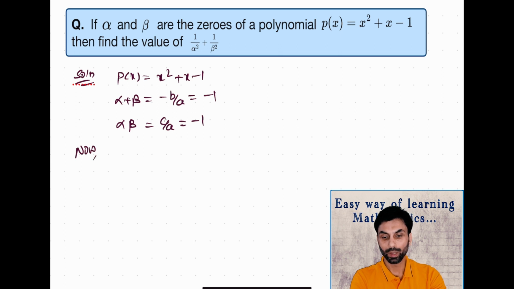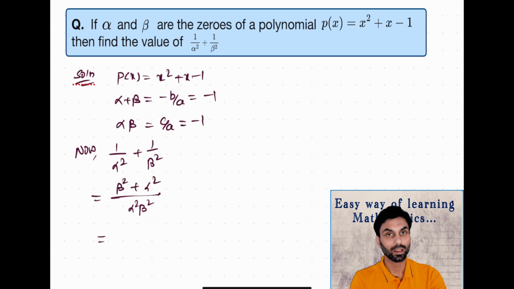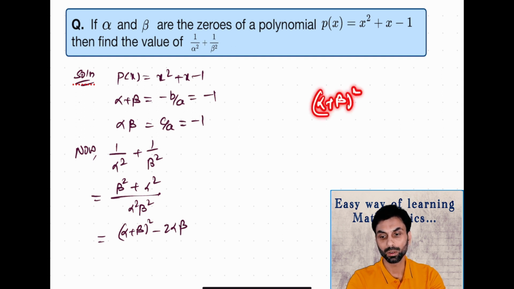Now we have to find the value of 1 upon alpha square plus 1 upon beta square. Here the LCM will be alpha square beta square, and this will become beta square plus alpha square. We can write alpha square plus beta square as alpha plus beta whole square minus 2 alpha beta, as we know that alpha plus beta whole square is alpha square plus beta square plus 2 alpha beta.